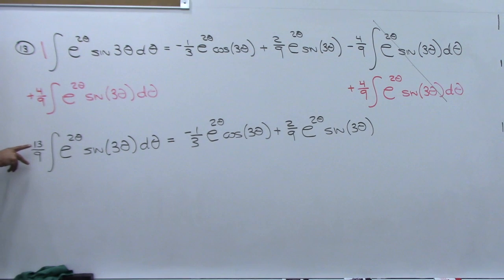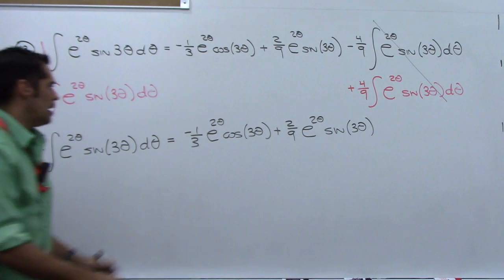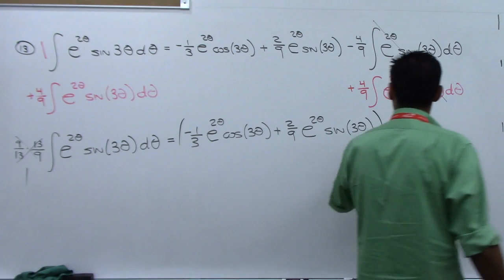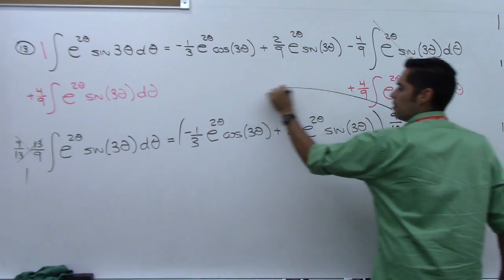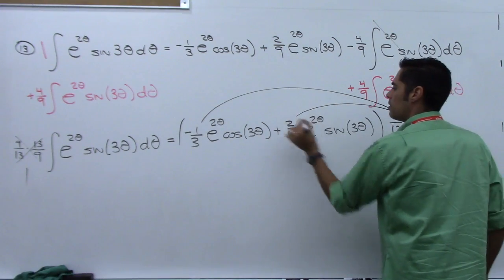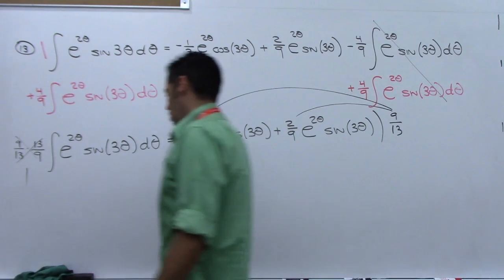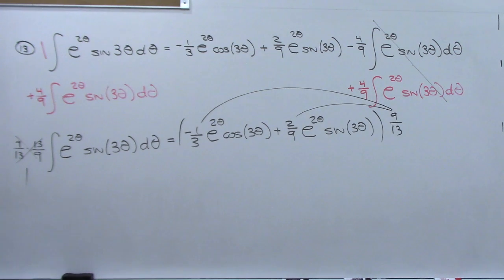So I'm just going to multiply both sides by 9/13, just this flipped over. So if I multiply this side times 9/13, this becomes a 1. And I have to multiply this entire side by the same thing, 9/13. And that will distribute through to the constants like this. And so we should be at our final answer.